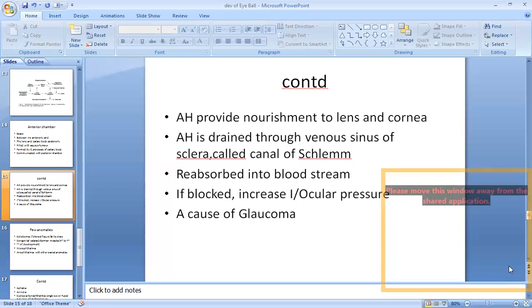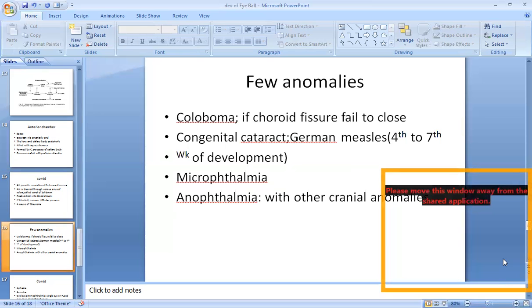If there is a blockage of the canal of Schlemm, which is the main drainage for this, the production is going on by the ciliary processes and it will accumulate here. There is no drainage, so it is responsible for increased intraocular pressure. Increased intraocular pressure is called glaucoma. So the blockage of the canal of Schlemm can be one cause of glaucoma as well.